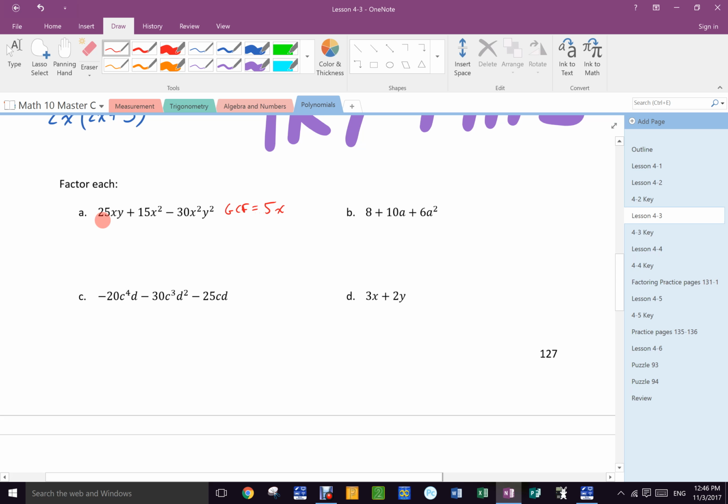So what do I divide everything by? 5x, 5x, 5x. And what do I get out front? 5x. And what do I get in the middle? 5y plus 3x minus 6xy squared.